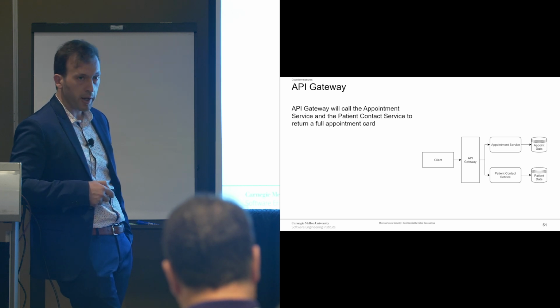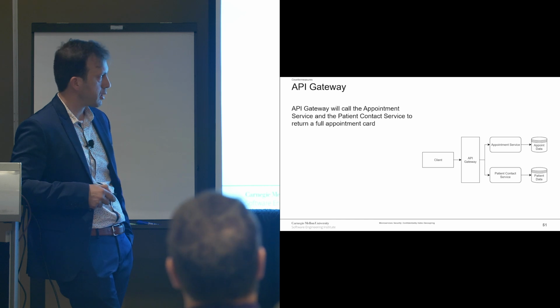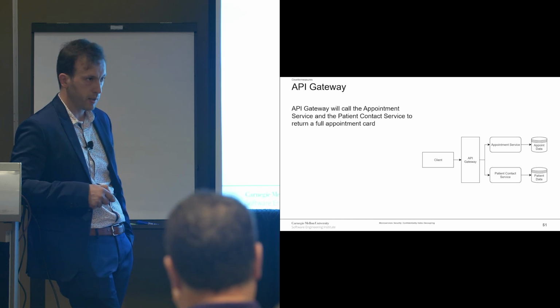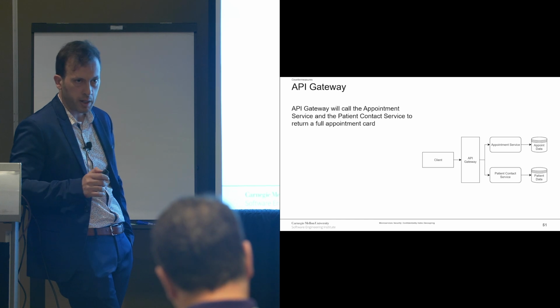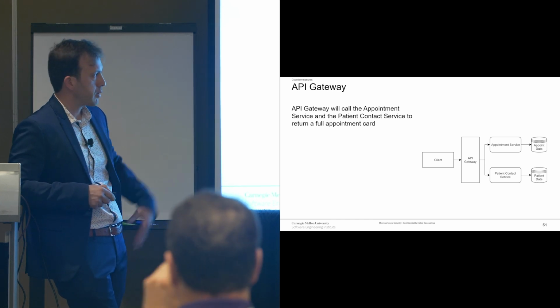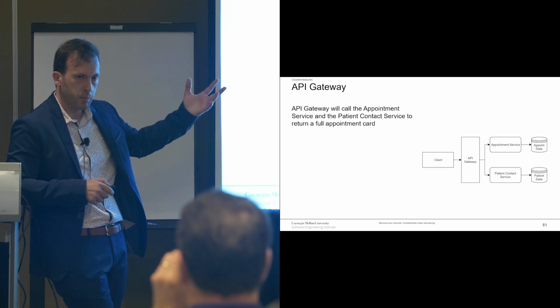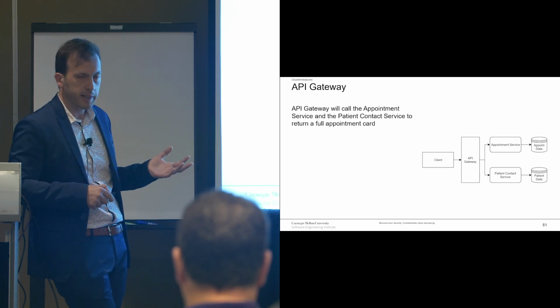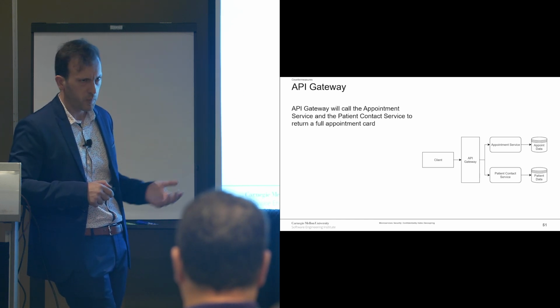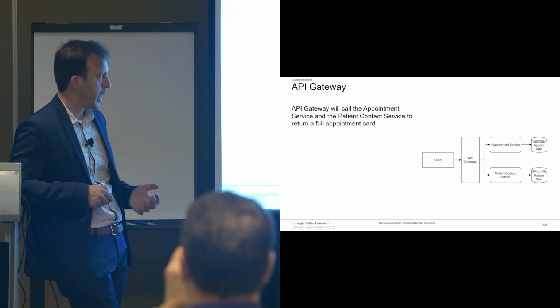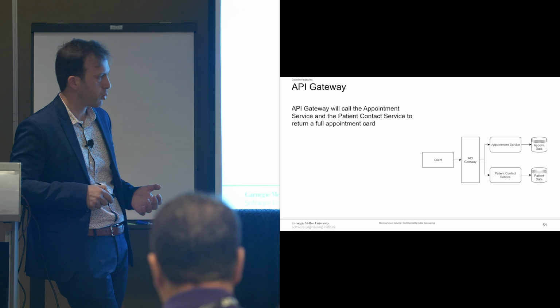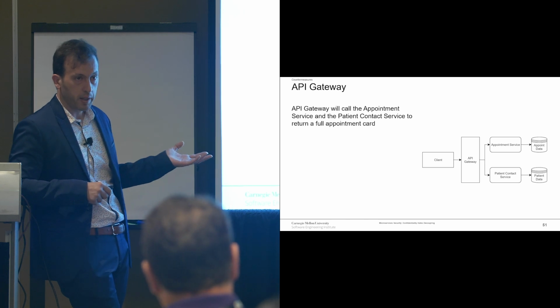In this case, the client should not be granted access to the microservices directly. They should have access to the API gateway only. Then we can solve the problem, because if no appointment exists for a patient, no data will be returned to the client, and the client cannot access the patient contact service directly.